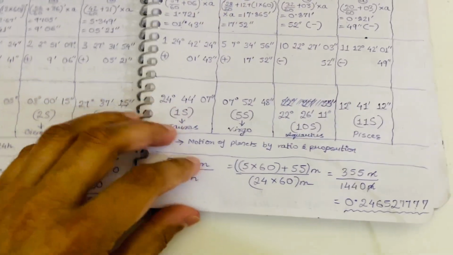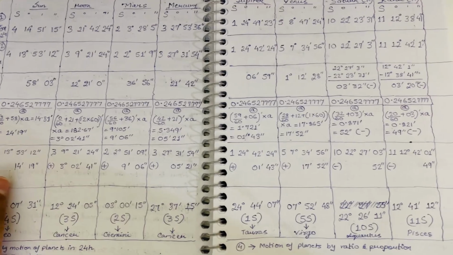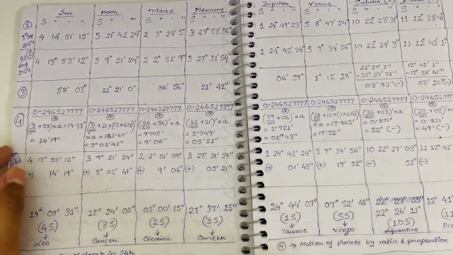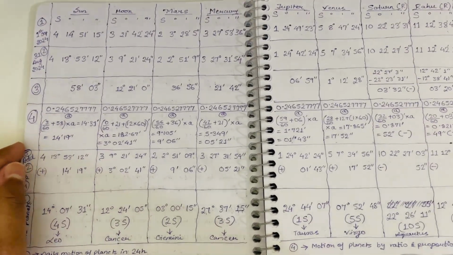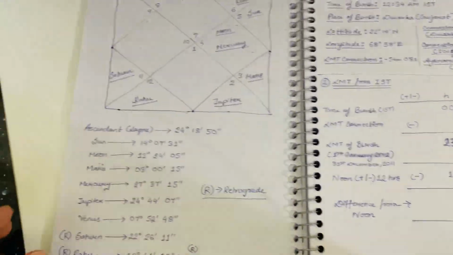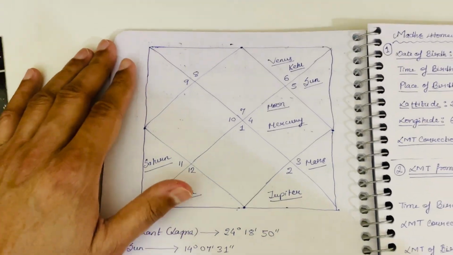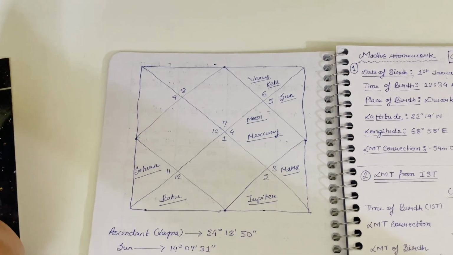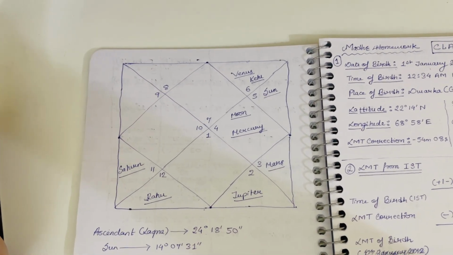Similarly, Jupiter is in Taurus. Venus is in Virgo. Mercury is in Cancer. Mars is in Gemini. Moon is in Cancer. Sun is in Leo.